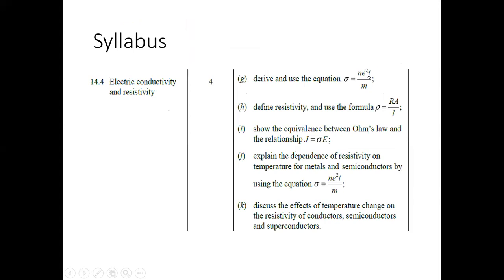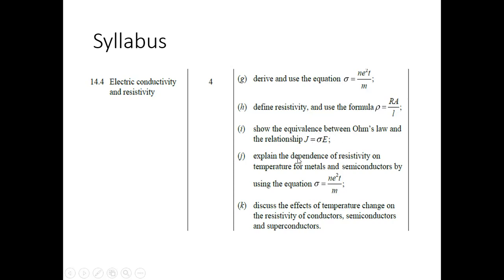Syllabus-wise, we are going to derive this equation of conductivity. Then we are going to define this formula, resistivity, and then how to use this formula. And we have studied Ohm's law in your STPM. You want to say that this is also a possible relationship for Ohm's law.